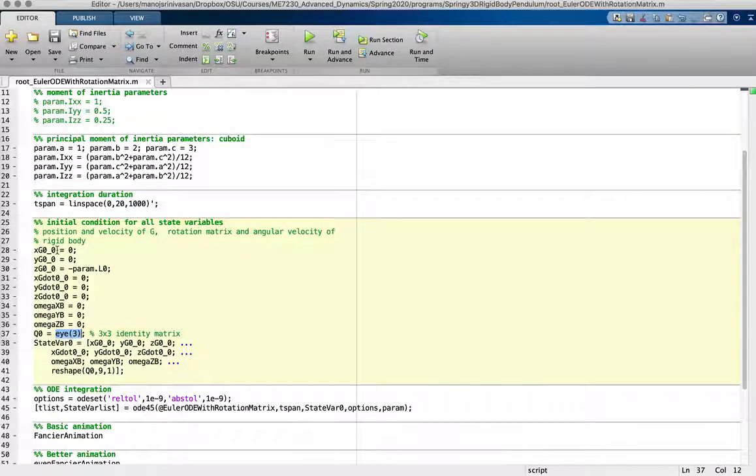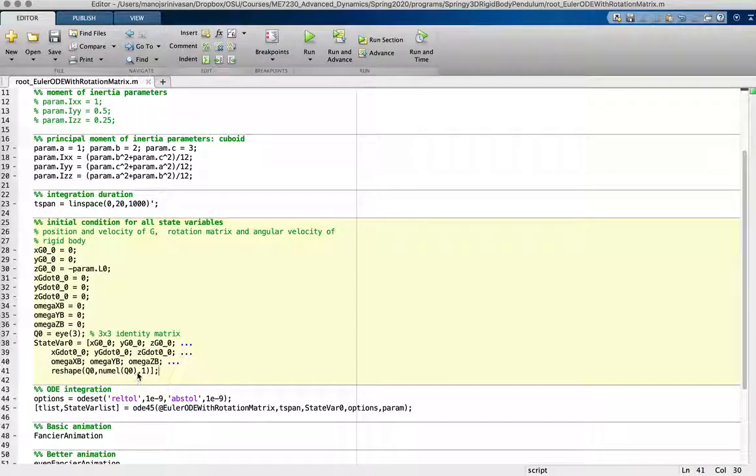In any case, we assemble all these things into a single long vector: position, velocity, angular velocity, and then this matrix we reshape into a 9 by 1 vector. Something you can do instead of 9 by 1 is use numel of Q naught, comma 1.